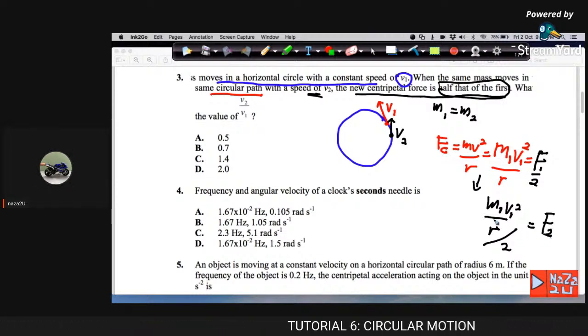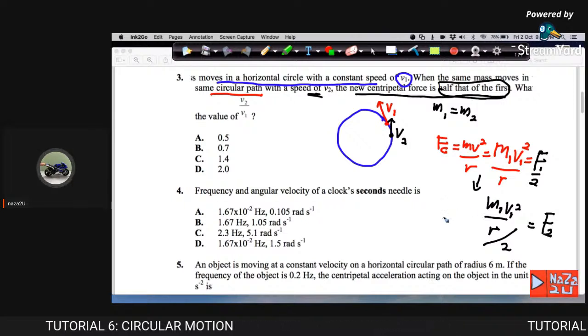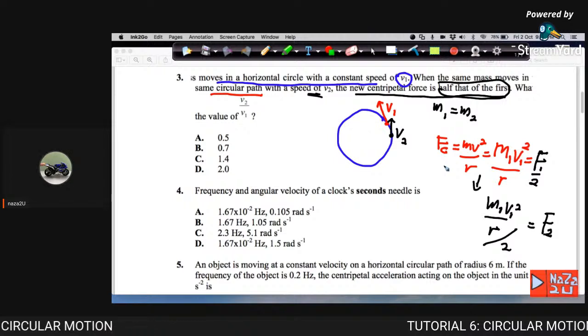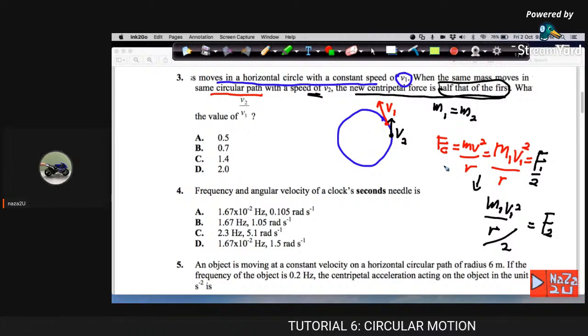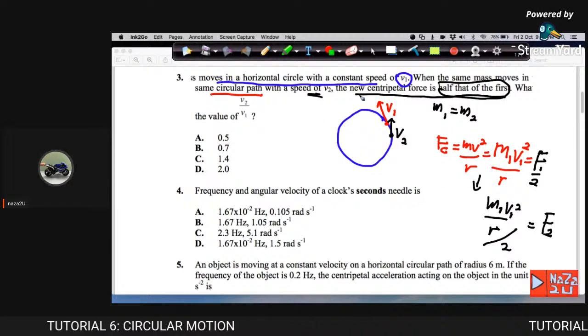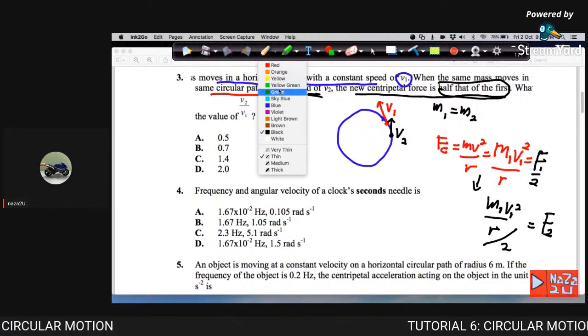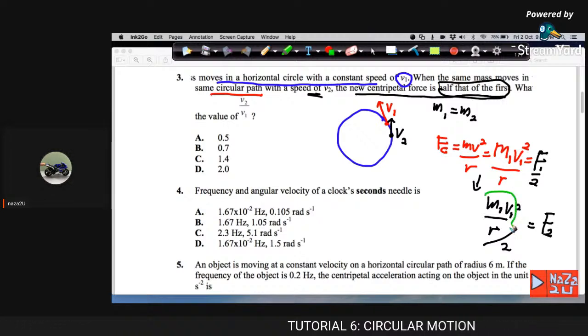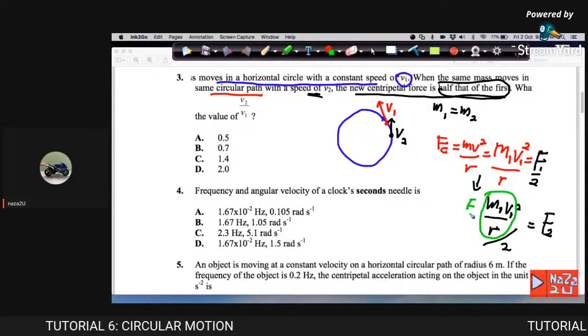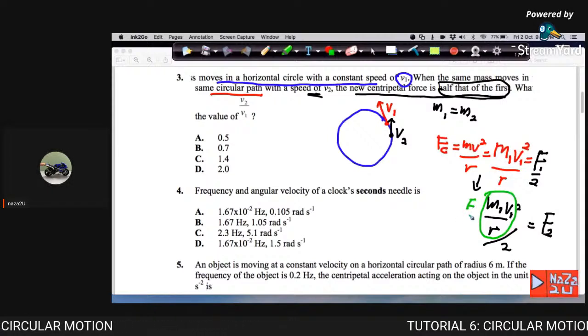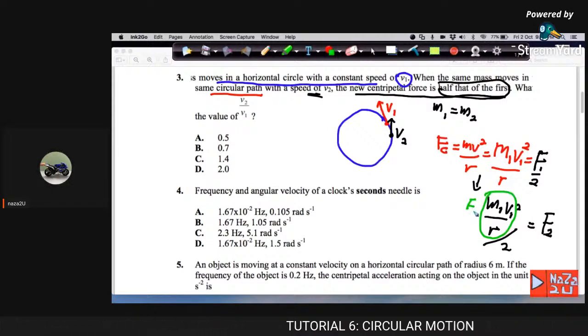If you look at the equation, this is the mathematical equation that we have here. So this is equal to F1.